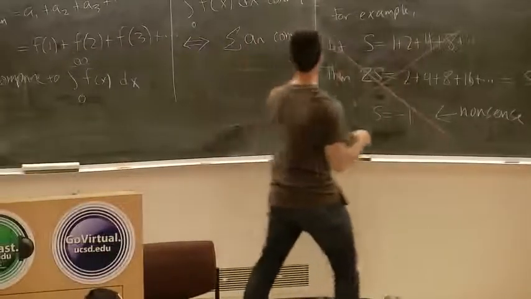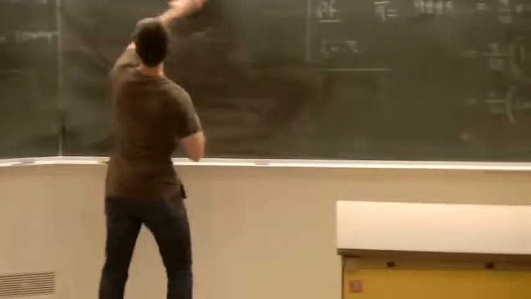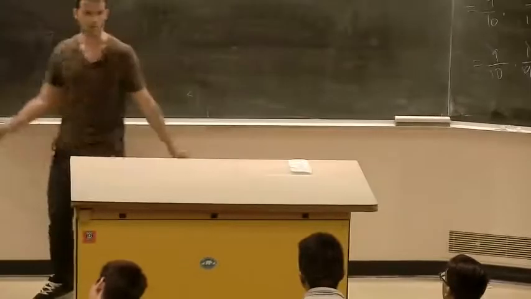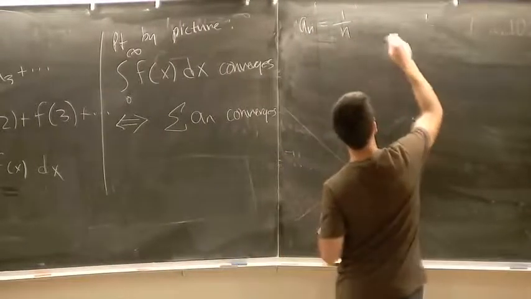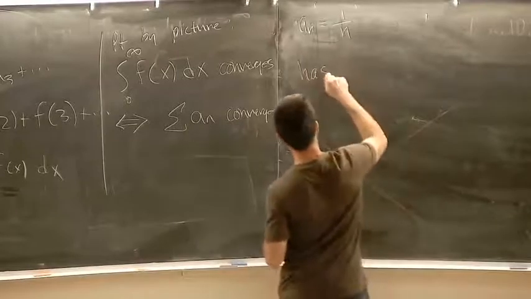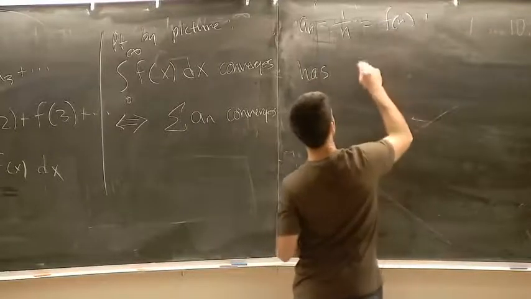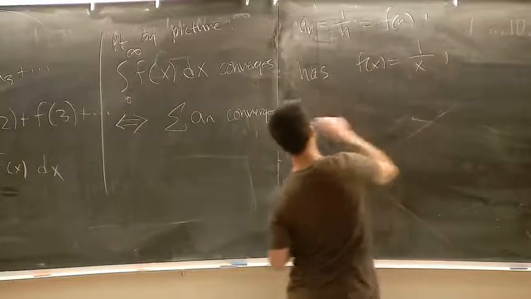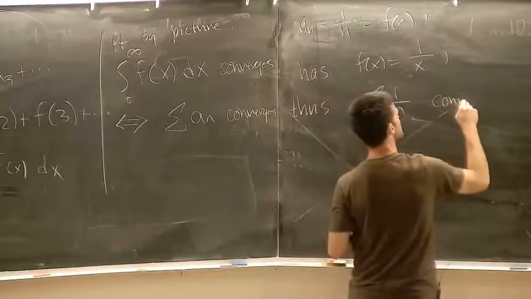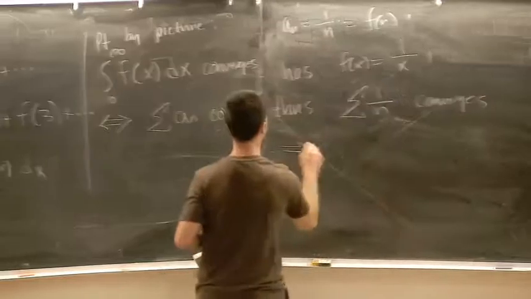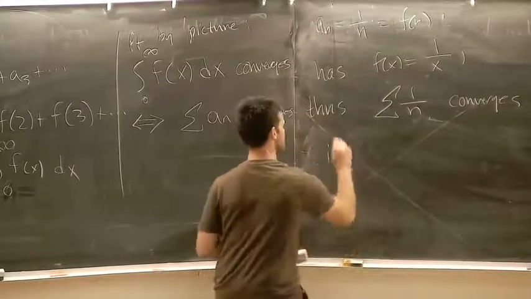And let's apply that to my purported counterexample, which, if you recall, is the function 1 over n. So what's the integral that I want to be comparing it to? Of 1 over x. So a_n equals 1 over n, so if this is f of n, then f of x is 1 over x, thus the infinite sum of 1 over n converges if and only if... Oh, by the way, do you guys ever see IFF?